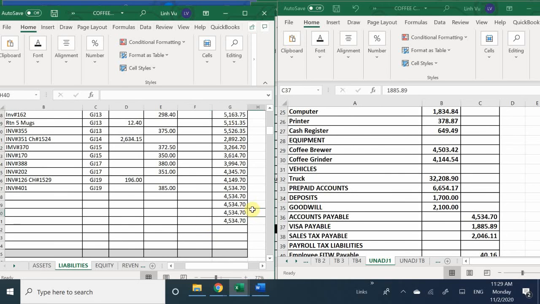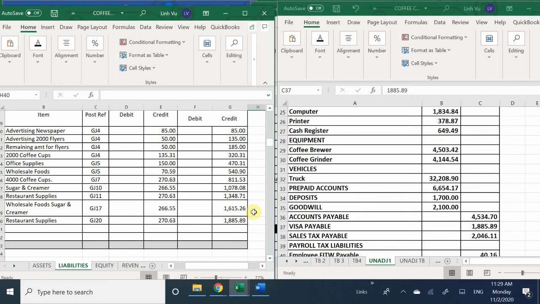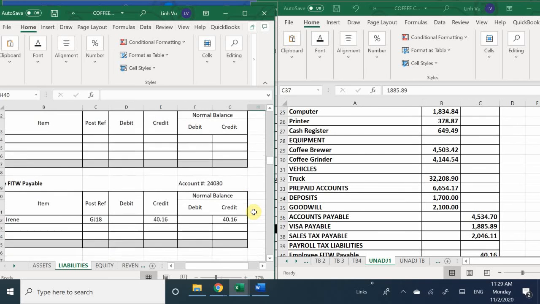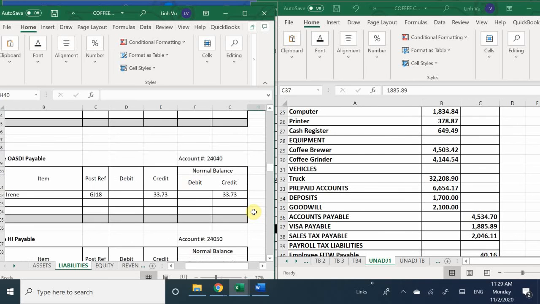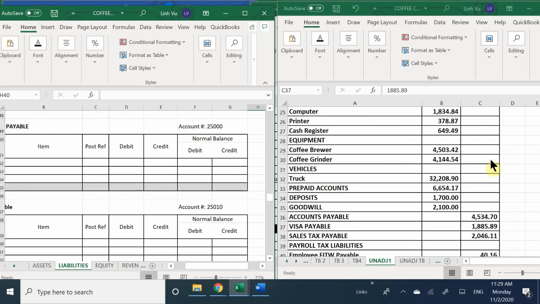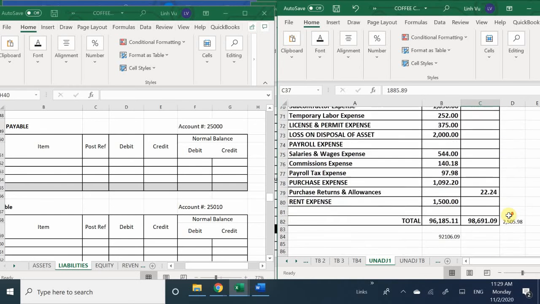Okay, and then my Visa payable, 1585.59. Okay. Sales tax. Yes. What is the total? It's 98,691.09. I got it correct, both sides.